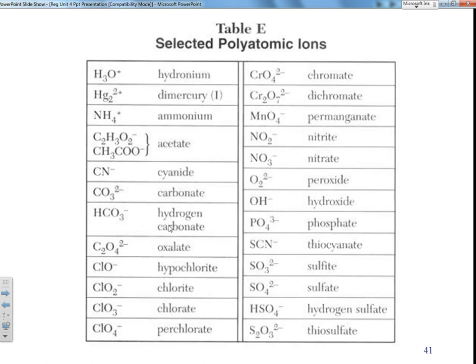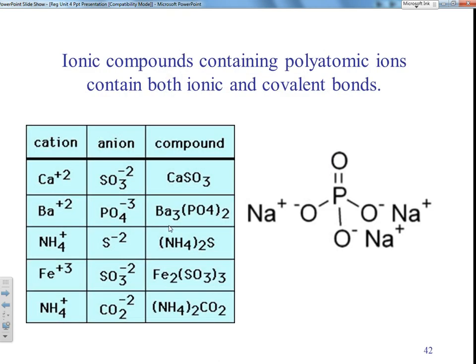Your reference table E lists selected polyatomic ions. So whenever you want to know the polyatomic ions, you're going to look to reference table E. And you can see there is a whole bunch of them, and they give you the name for them. Whenever you have a compound, and this is important, that contains polyatomic ions, that compound therefore contains both ionic and covalent bonds.